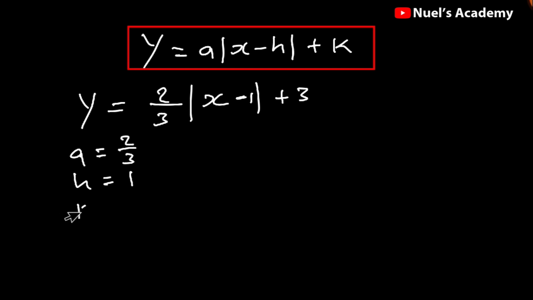And then k is equal to 3. So the vertex is h, k, which is 1, 3. And then this slope is going to be rise over run. So it's going to be 3 to the right, 2 up, and then 3 to the left, 2 up.